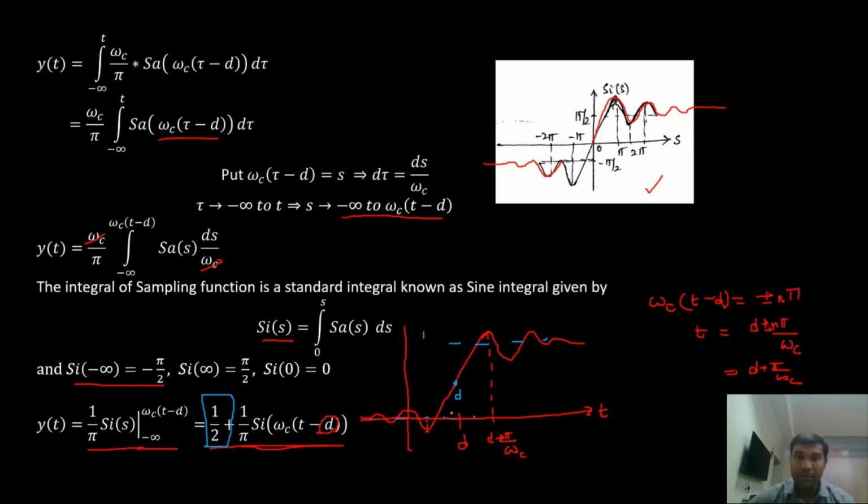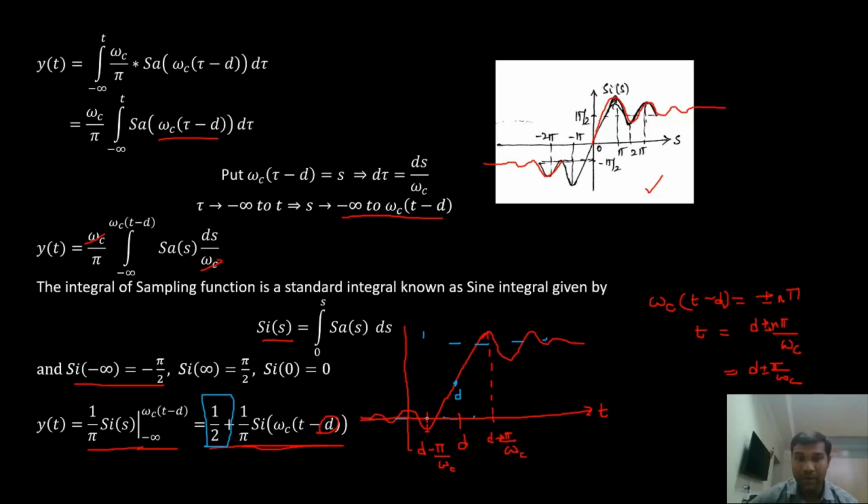And when is my initial value occurring? My initial value occurs when n is equal to minus 1. So that is d minus pi by omega c, right? D minus pi by omega c.